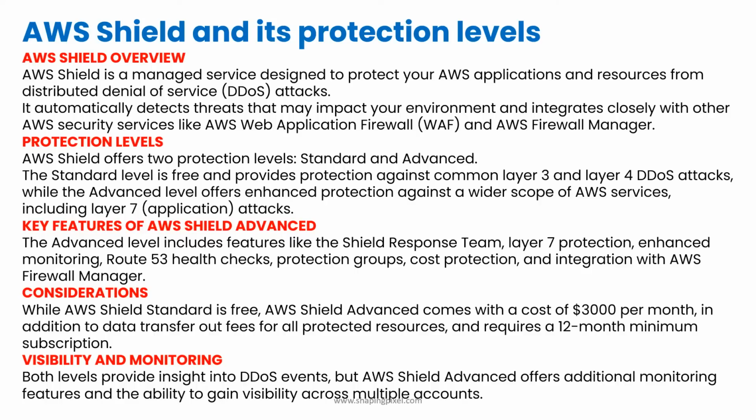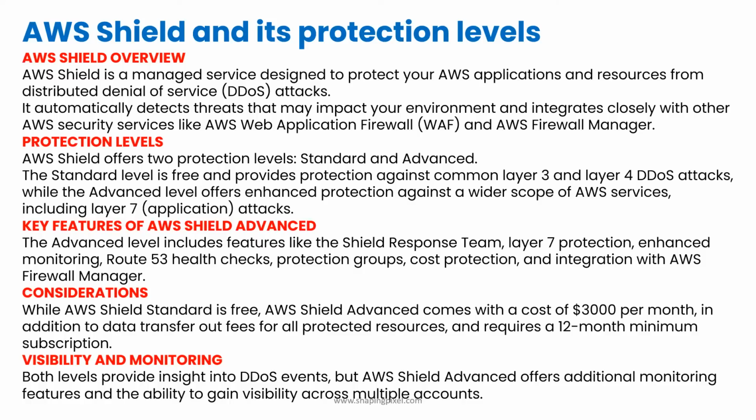The standard level is free and provides protection against common layer 3 and layer 4 DDoS attacks, while the advanced level offers enhanced protection against a wider scope of AWS services, including layer 7 attacks. The advanced level includes features like the Shield Response Team, layer 7 protection, enhanced monitoring, Route 53 health checks, protection groups, cost protection, and integration with AWS Firewall Manager.